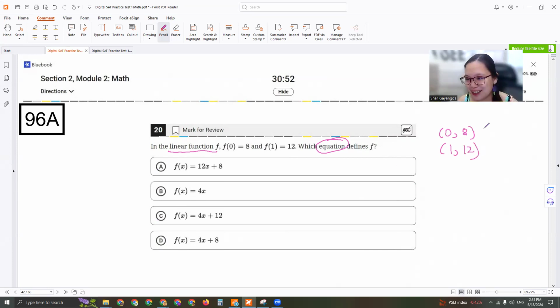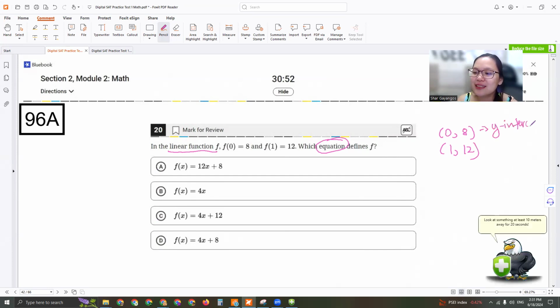And then we can celebrate. What we're given here is a y-intercept. So good for us. We can use this equation, right? The standard, the slope-intercept form. And we have b now. So meaning we just need the slope.